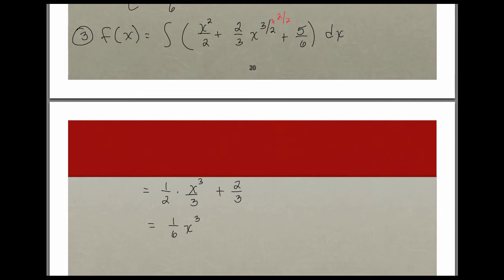So that gives me for my exponent 5/2, but then I'm dividing by it, so I'm really multiplying by 2/5. Like I said, you get really good at fractions with these. And then the last one is just going to be 5/6, and I'm not going to forget my x this time. And then, of course, we need a plus c there, okay? So let's see, when we kind of do all this out, we get 4 over 15 x to the 5/2.